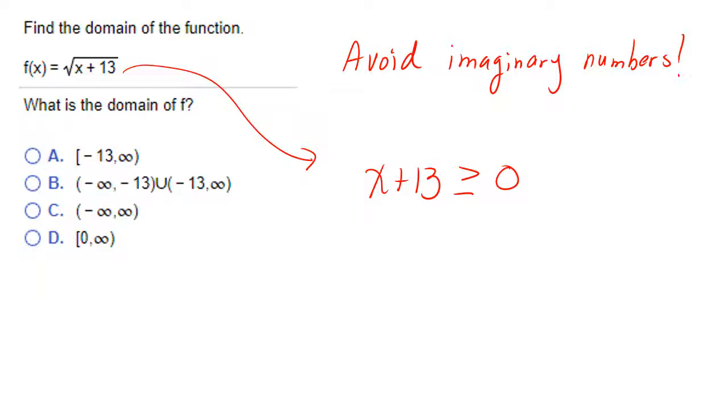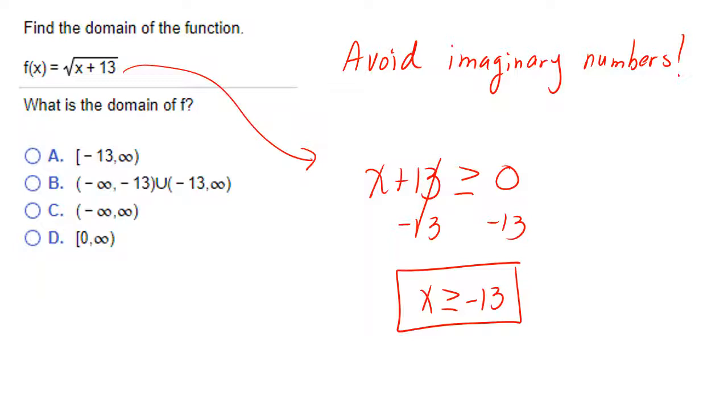That means it would be positive. And then you solve. This time I solve by subtracting 13. So my true domain is x has to be greater than or equal to negative 13. When I graph that, negative 13 is to the left of 0, and since that's greater than or equal to, that's a closed circle shaded to the right.